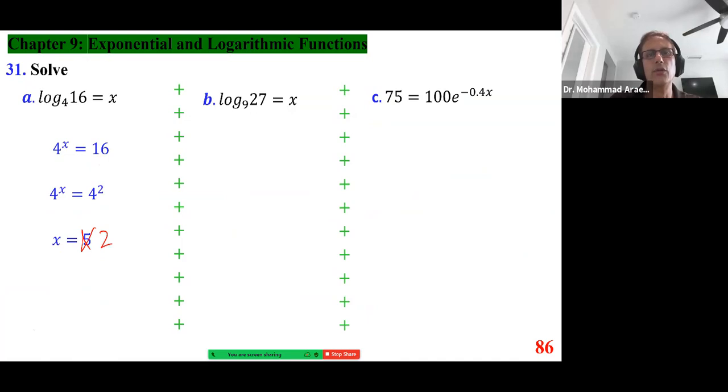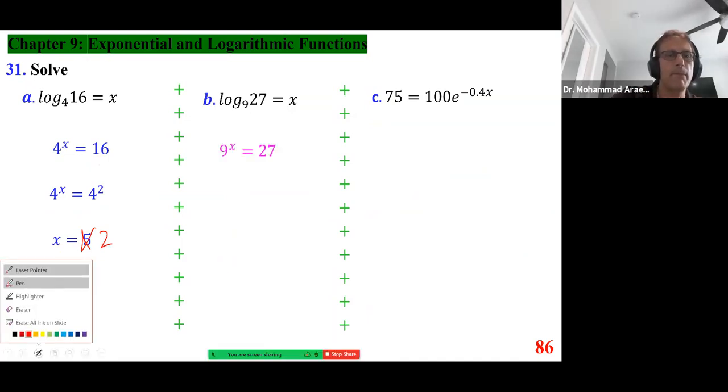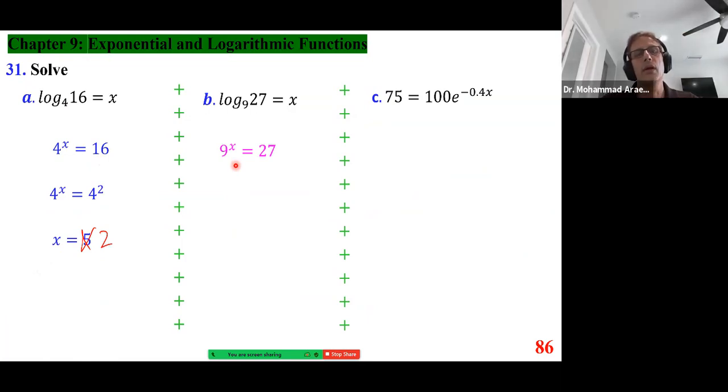The other one, 9 to the power of x is 27. We know 9 is 3 squared. So replace the 9 with 3 squared. So 3 to the power of 2x, and this is 3 cubed. Therefore, 2x must be equal to 3, and x becomes 3 halves.